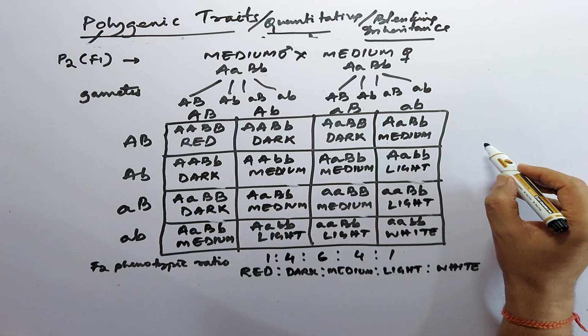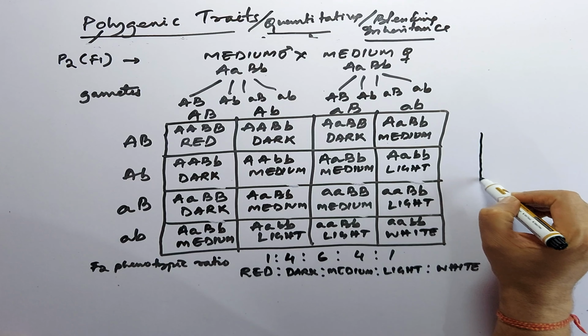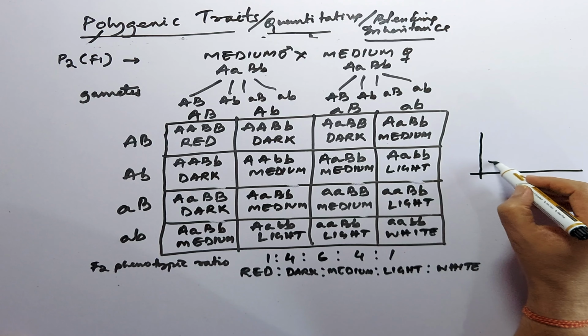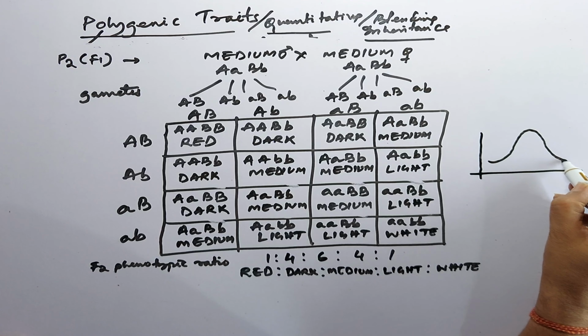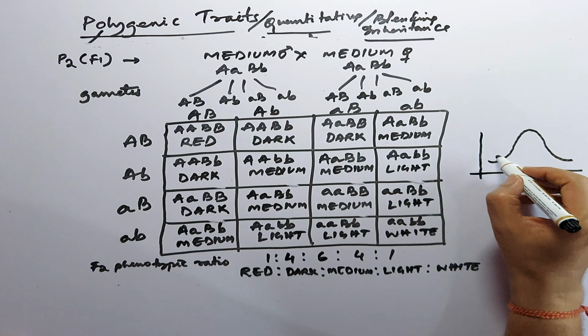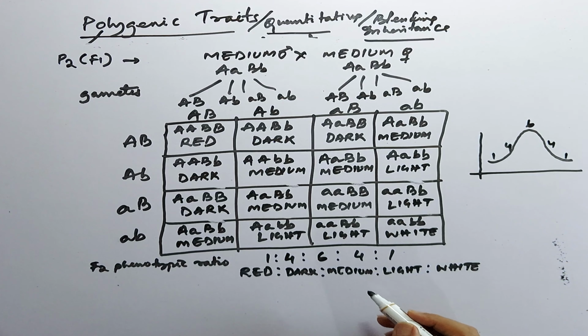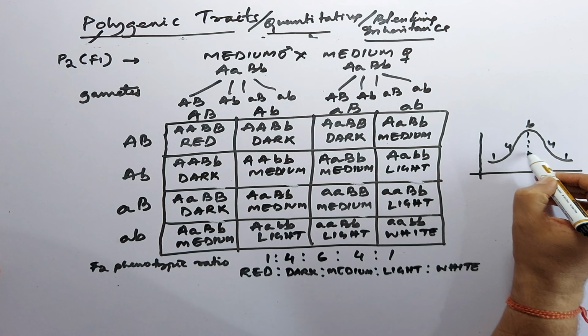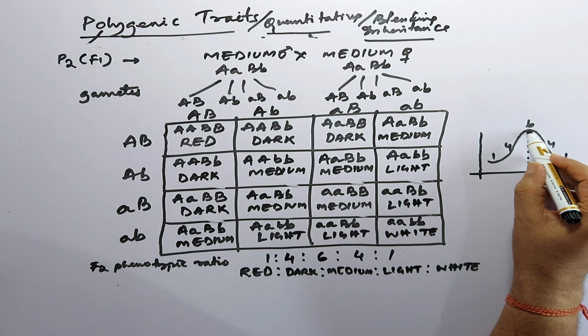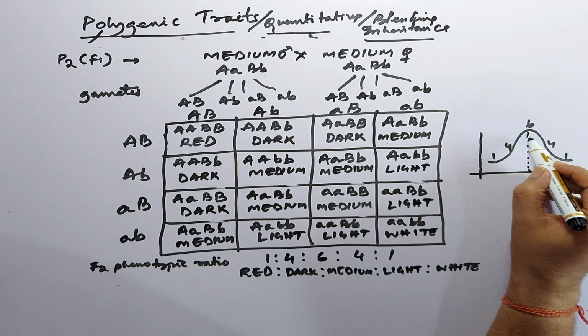So when we take a graph here, this is 1, this is 4, this is 6, this is 4, and this is 1. So the middle one, which is medium, shows the percentage of dominant or recessive blend the character either left or right, so we can tell here blending inheritance.